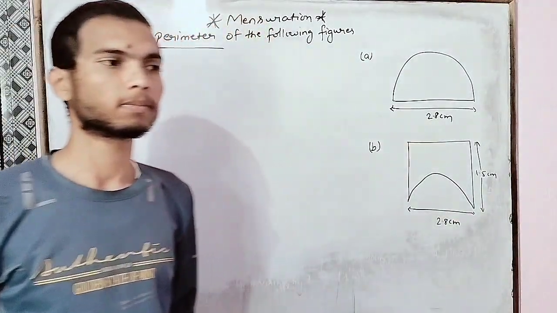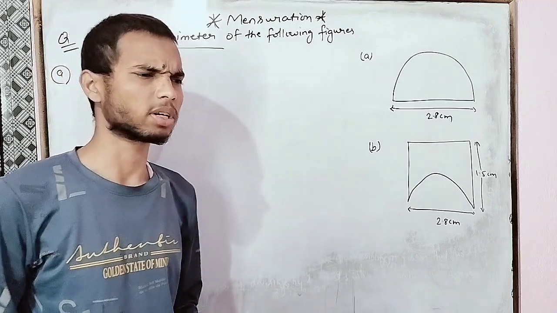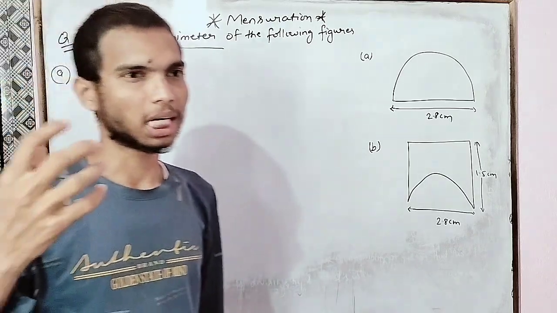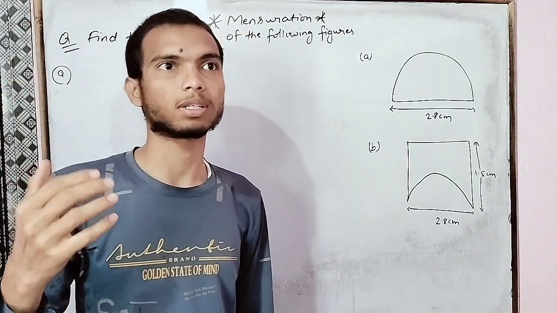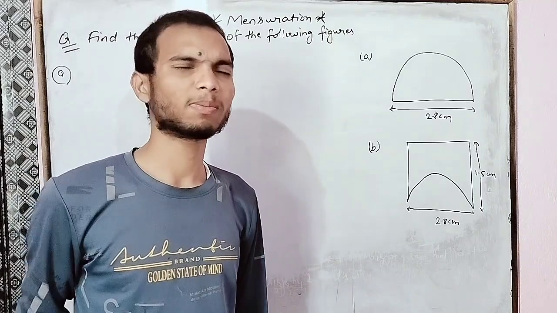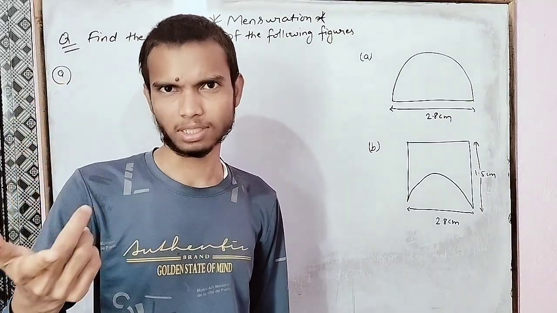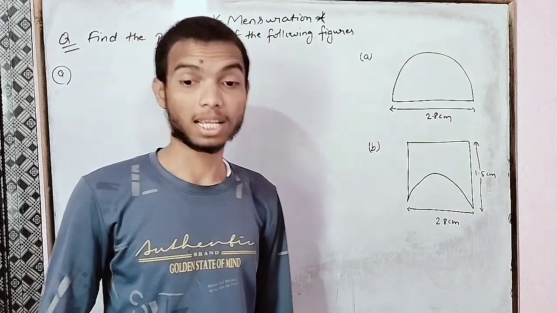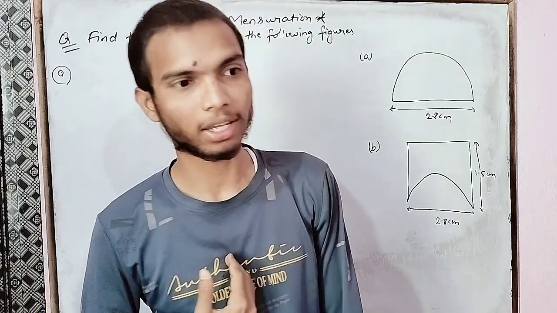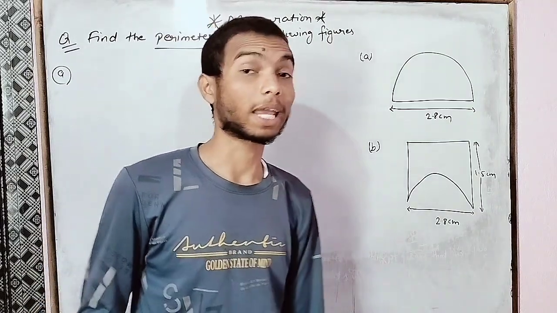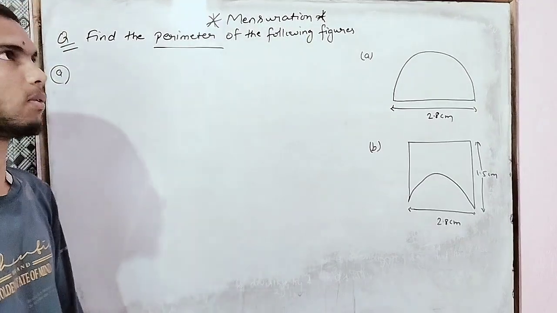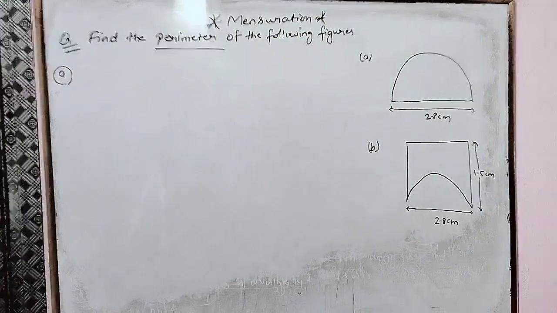Here, when we say semicircle or circle, then pi comes to our mind. Already we know the value of pi is 3.14. In fraction we say 22/7, but in decimal we say the value of pi is 3.14.